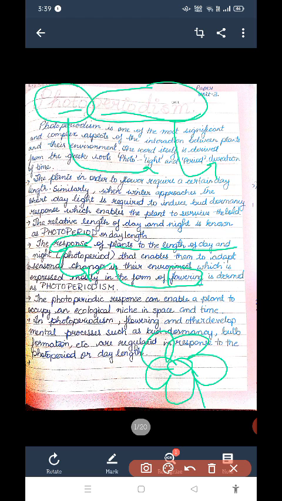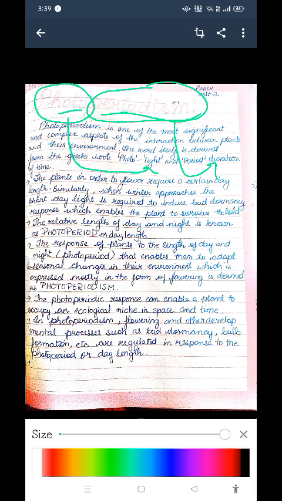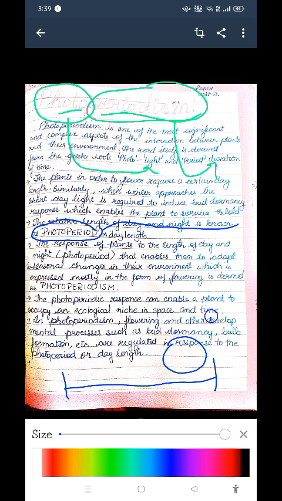Before we go on, let me just explain certain terms. For example, the term that we are going to encounter in many of the notes ahead is the term photoperiod. This term photoperiod stands for the length of day and night, which means in 24 hours of the day, part of the day will be when the sun rises up.